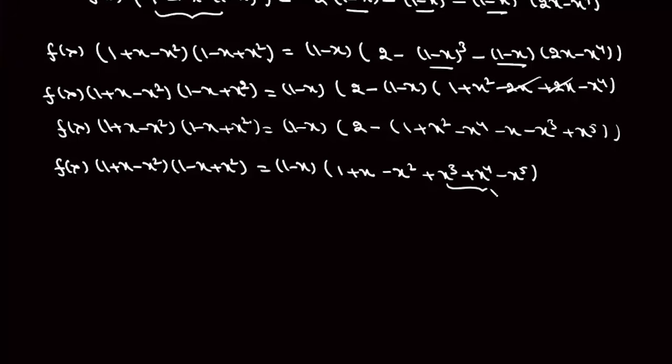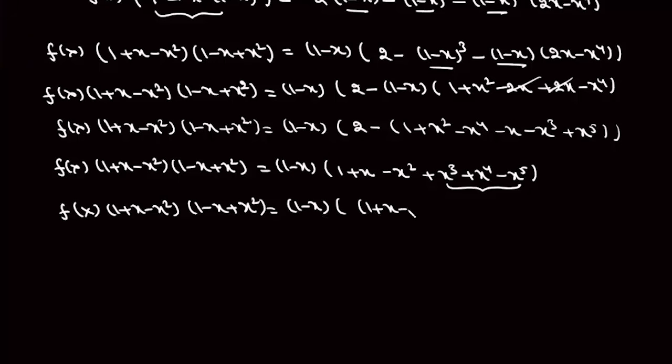Now from this we can take x³ common. We can write f(x) into (1 + x - x²), (1 - x + x²), (1 - x), and this is (1 + x - x² + x³), and it will be (1 + x - x²). We can take this common.